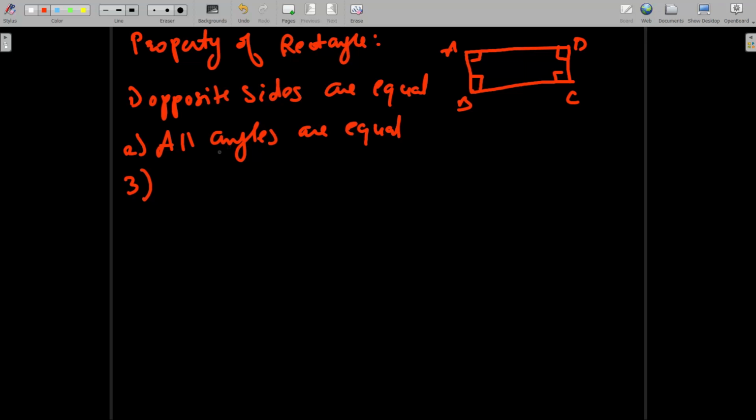Now the diagonals: diagonals are the segments which join two opposite points. Here we see the diagonals intersect each other.